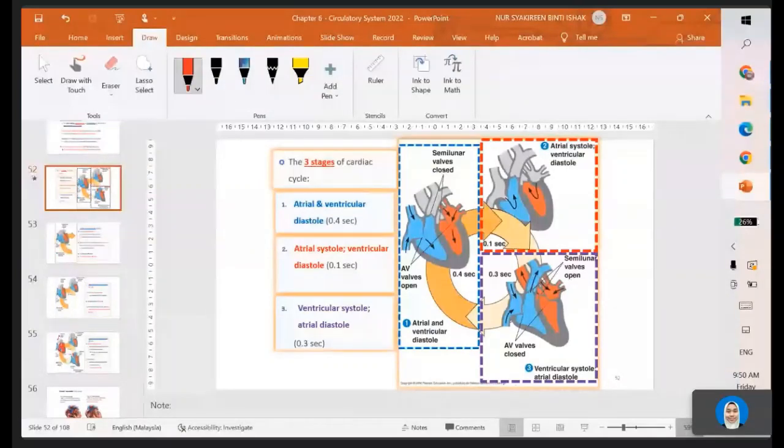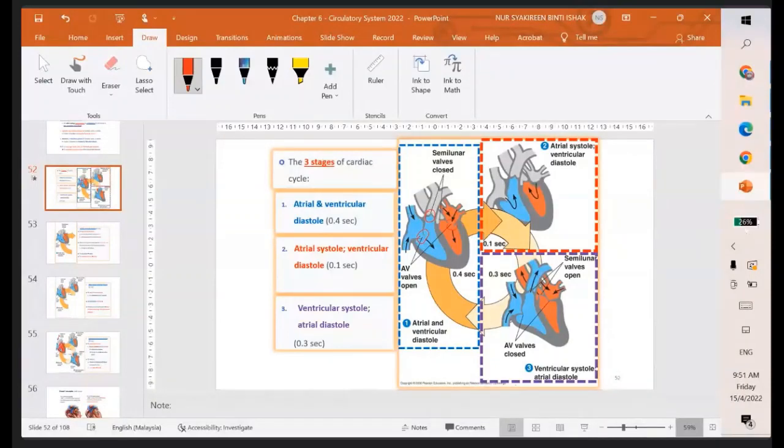Okay, so pada masa ni, you all kena tahu juga valve apa yang buka, valve apa yang tutup. Okay, kalau first stage ni you see that obviously the AV valve has to open sebab darah pada atrium kena masuk ke dalam ventricle. So the AV valve has to open. Tapi the semilunar valve has to close sebab dia nak collect all the blood in the ventricle. Tak boleh nak keluar lagi.